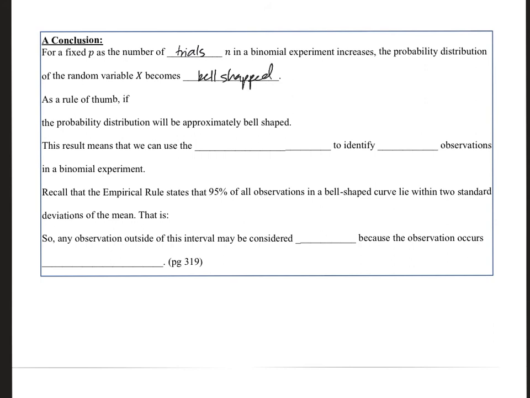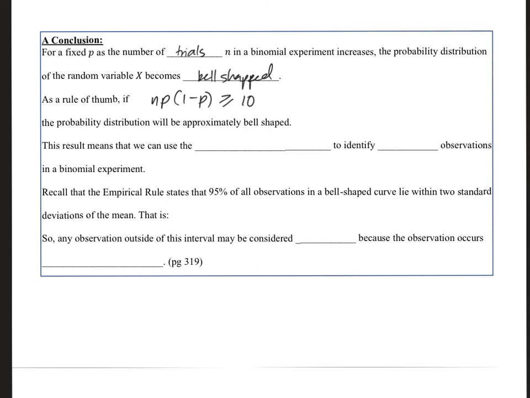So the more trials we get, the more likely it's going to look bell-shaped. As a rule of thumb, if n times p times 1 minus p, the number of trials times the probability of success times the probability of failure, is greater than or equal to 10, then the probability distribution will be approximately bell-shaped.